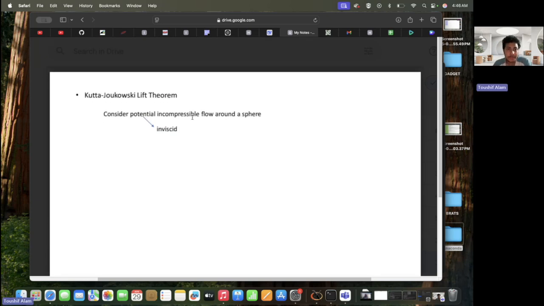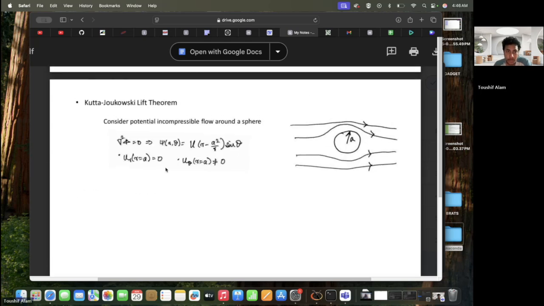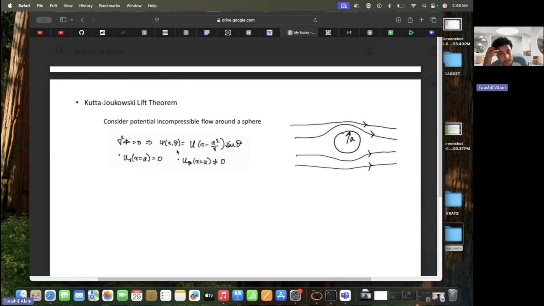Kutta-Joukowski lift theorem. So consider potential incompressible flow around a sphere. This is for inviscid flows. This is called the KJ lift theorem, or the Kutta-Joukowski lift theorem. Then we get del square phi is 0, and phi is a function of r and theta.